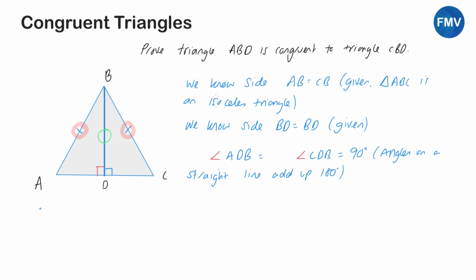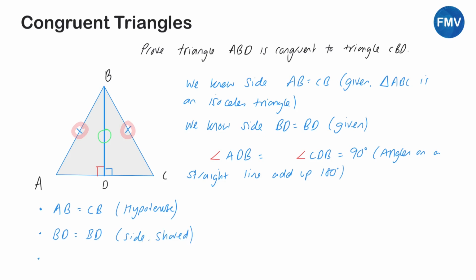So here we go. We know that side AB is equal to side CB. Remember, that's this side and that side. That is because they are given, and that is the hypotenuse. We also know that BD is equal to BD, and that's because it's a side, first of all, and because they're shared.